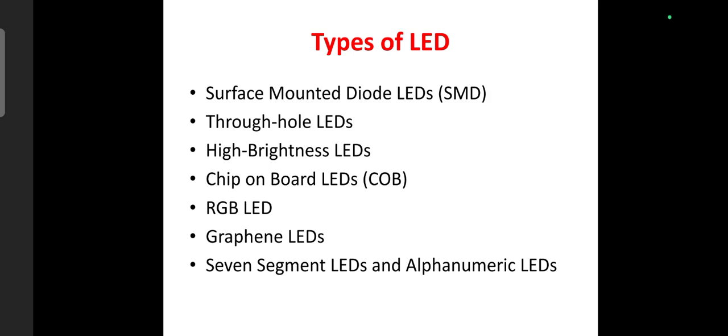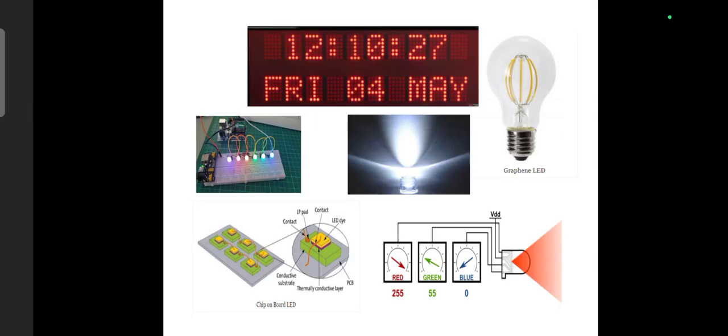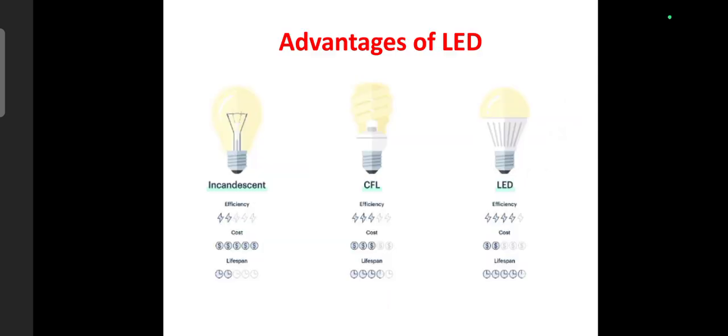Surface mounted LEDs, that is SMD, through hole mounted LEDs, high brightness LEDs, chip on board LEDs, that is COB, RGB LED, graphene LEDs, 7 segment LEDs, and alphanumeric LEDs. So we can see the different types of LEDs picture representation in this slide.